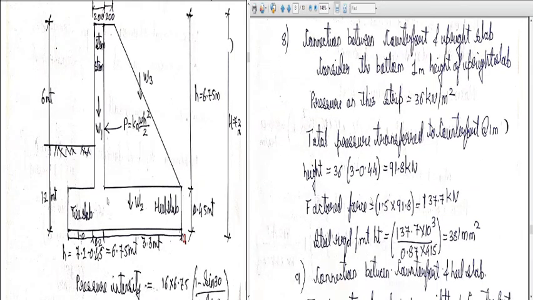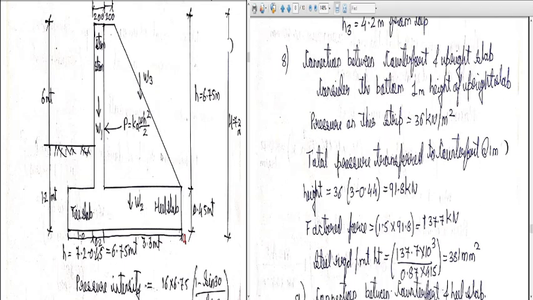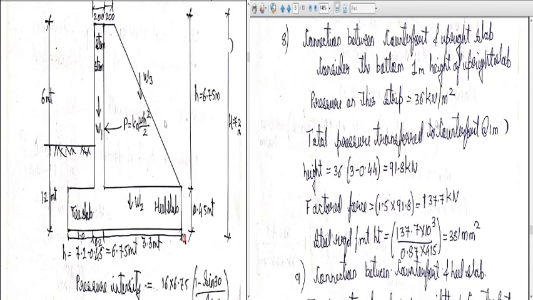Now let us see the connection between the counterfort and the upright slab. As you can see, this is the counterfort and there should be a connection to the upright slab. Consider the bottom 1 meter height as upright slab. Pressure on this strip is 36.36 kN per meter square.